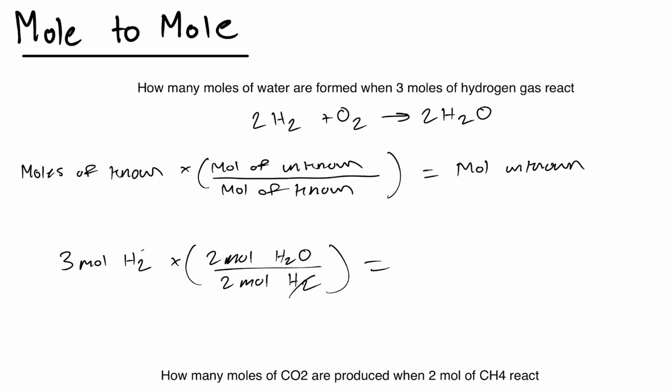And here we can see that the H2s will cancel, and we'll simply be left with H2O on the top. And then 3 times 1 is 3 moles of H2O. When we have 3 moles of hydrogen gas react, we produce 3 moles of H2O.